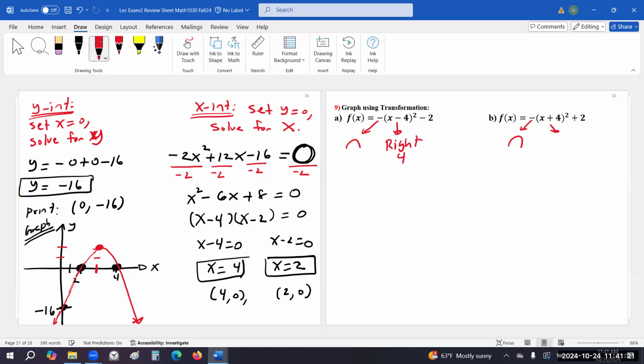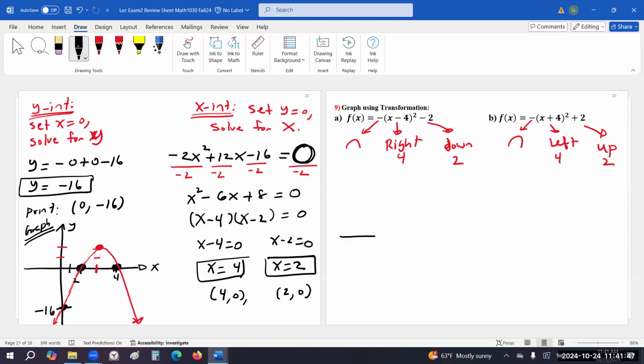And plus inside means left. Minus outside the parentheses, which direction? Down. But plus outside the parentheses means up.